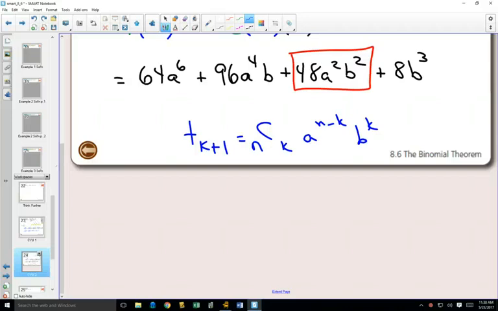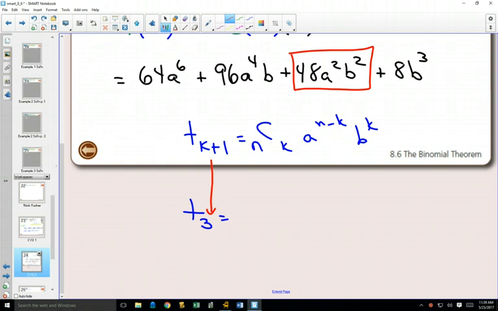If I wanted to find this third term in the red box, then my k value is going to equal 2. And you can see that directly from here: k plus 1 has to equal 3, so k has to be 2.